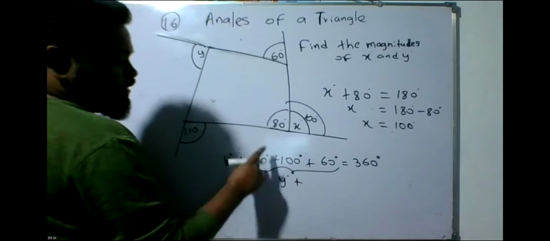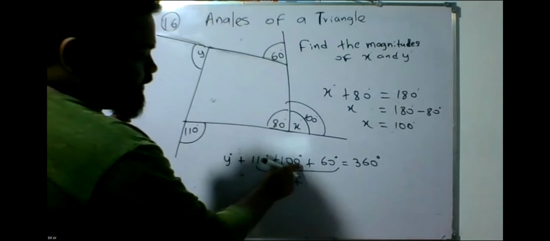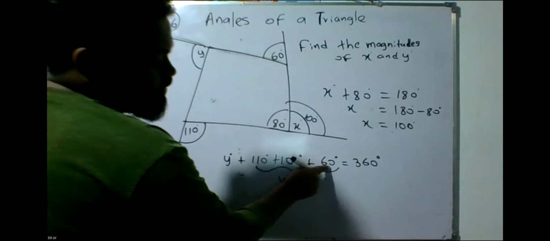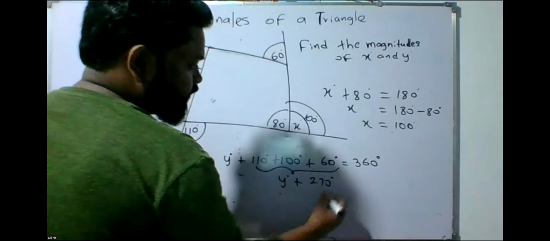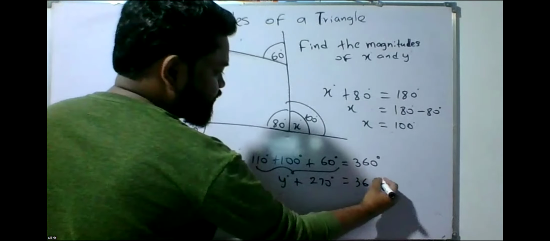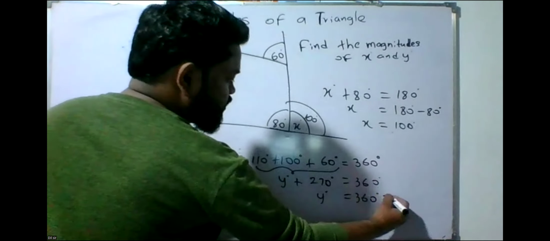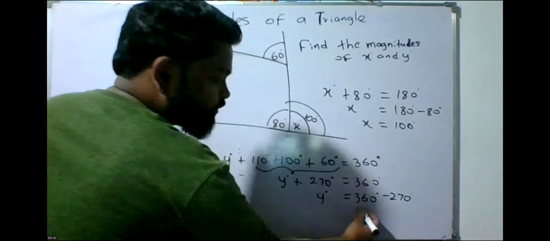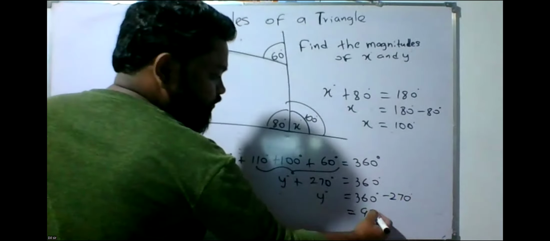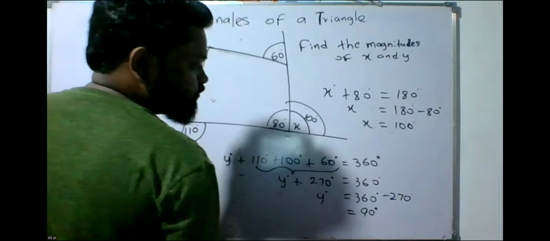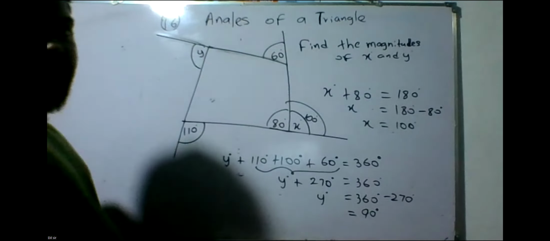Y plus 110 plus 100 is 210. 210 plus 60 is 270. Equal to 360. Y equals 360 minus 270. It is 90, no? Y is 90.